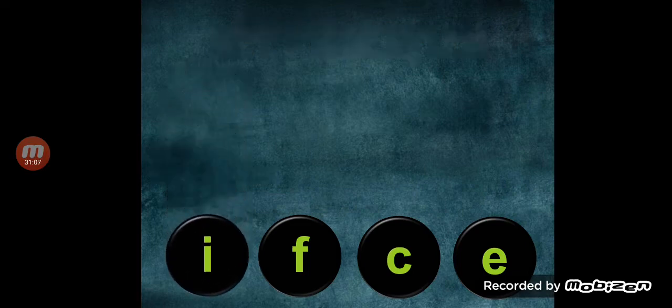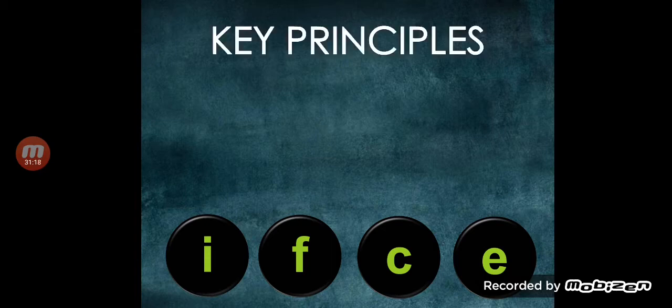Now, there are 4 key principles of the functionalist. Let's try to find out what these principles are. Let us start. Number 1, a system should be interdependent. There should be interdependency, meaning one depends on another.